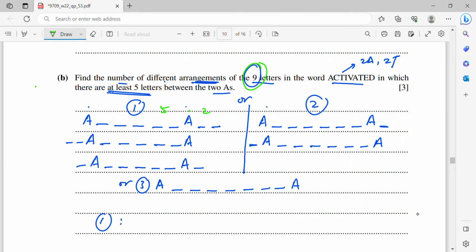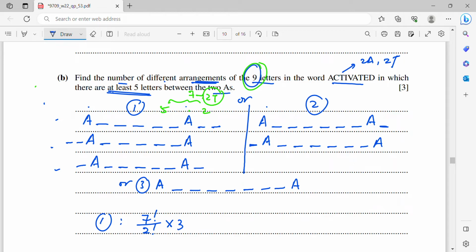So out of these 7, I still have 2 T's. I don't bother where the 2 T's are. So I'm going to arrange 7 letters, but 2 are T's. So when you arrange this, it will be 7 factorial over 2 factorial. And then I have 3 cases, therefore I times 3.